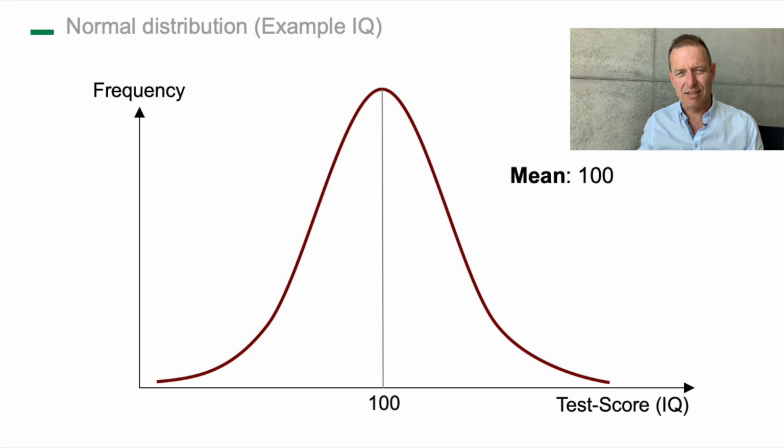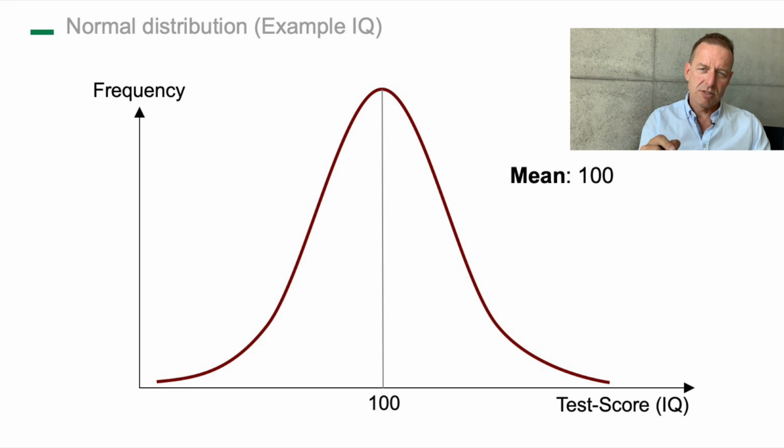That's why we get this normal curve, this bell-shaped curve, right? When you measure the intelligence of all people in the world, you get an average of 100. Intelligence tests are designed this way. They are standardized so that the overall average is always 100. So if you have an intelligence quotient of 100, you are exactly in the middle.